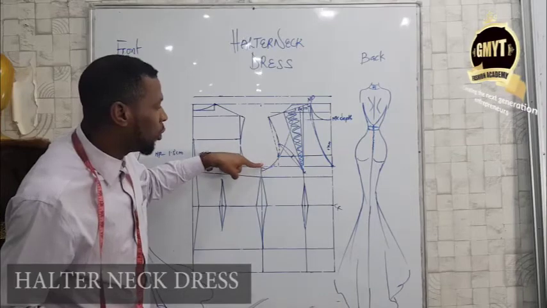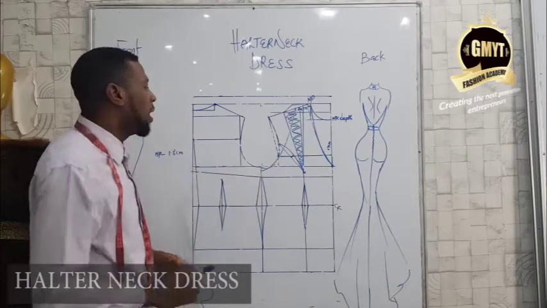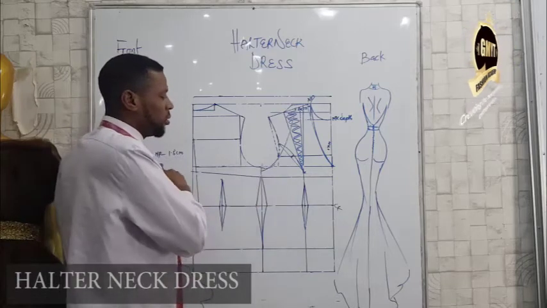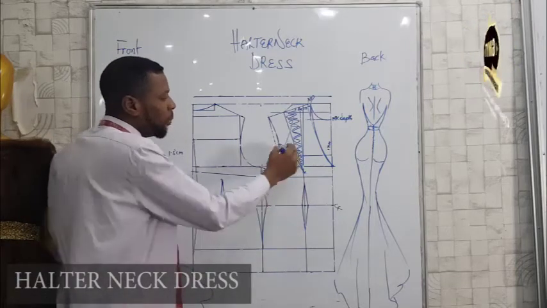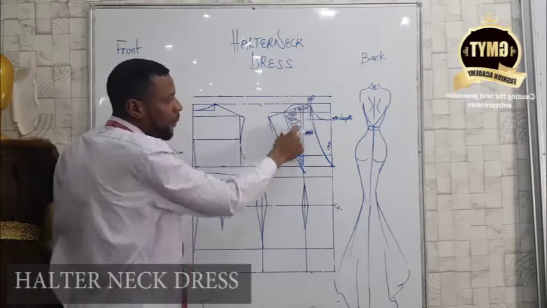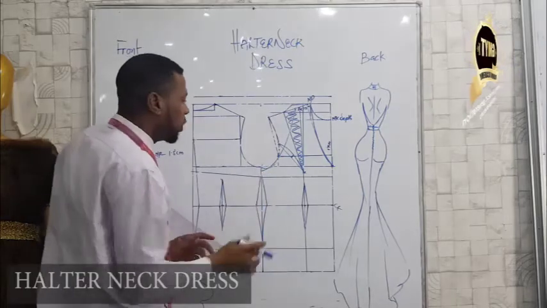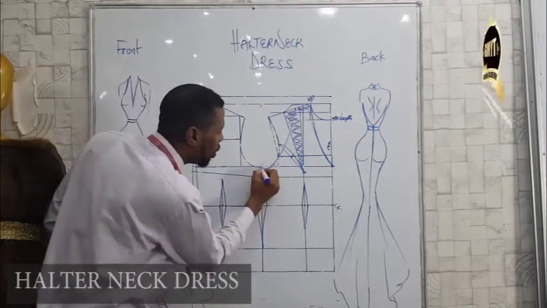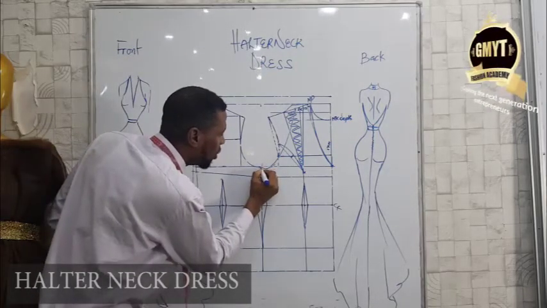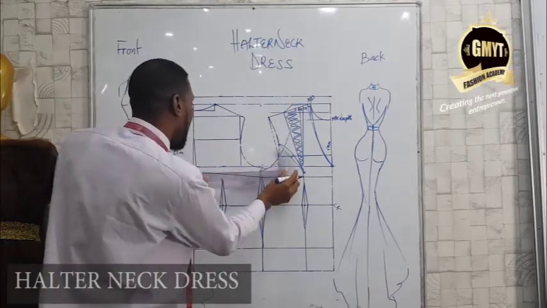It can stop on the bust line or some few cm below the bust line. And for you to get the point where the back starts, it is where your strap points end on the underarm area. So now, since this one was 1 cm below the armhole, I'll do the back to 1 cm. So now my back is going to start on this line.